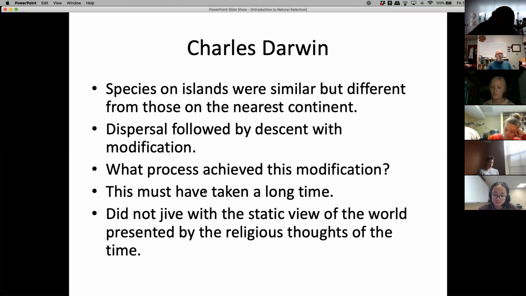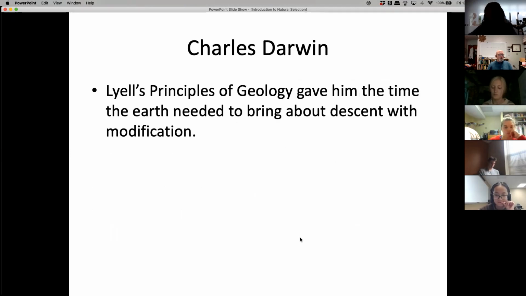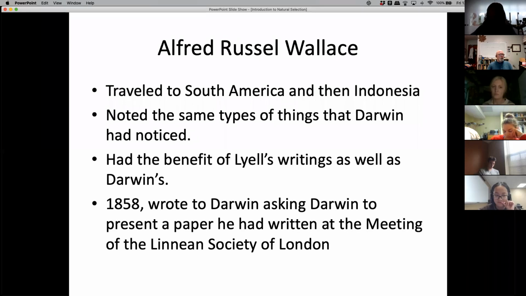He came to the conclusion that it must have taken a really long time because organisms don't generally change very often. And this was Lyell's contribution to his thinking. And this, of course, didn't jive with the static view of the world that was presented by religious people at the time. So Lyell's Principles of Geology was very, very important to this.